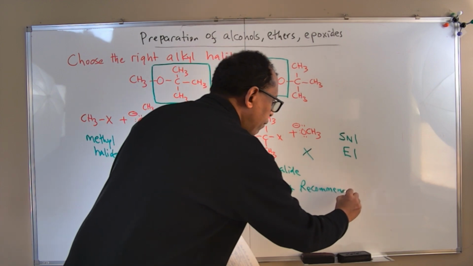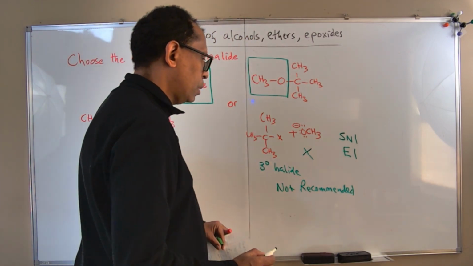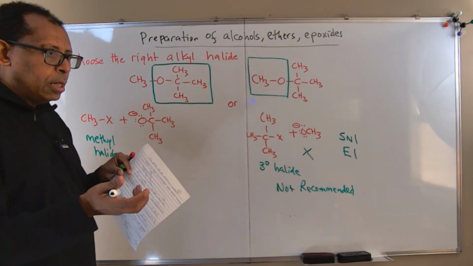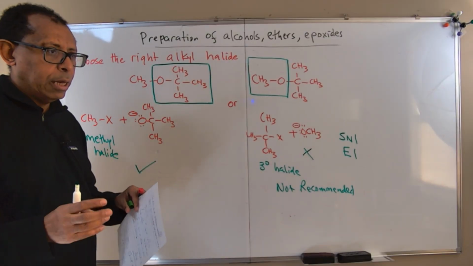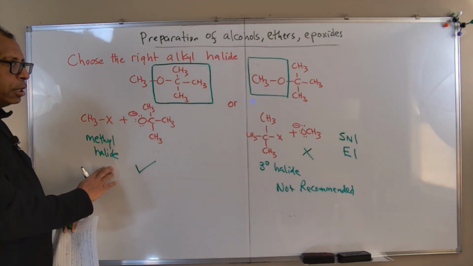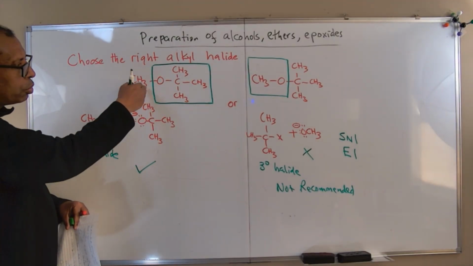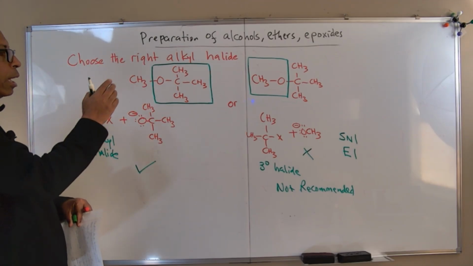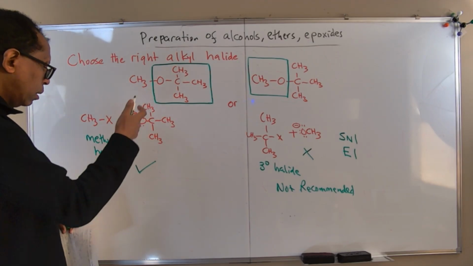So in tests, you could face different kinds of situations where you have to make sure of the right combination for the Williamson ether synthesis. So this is the right combination where the methyl portion is acting as the alkyl halide, R-X.